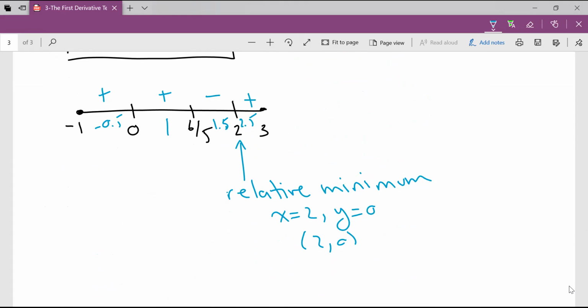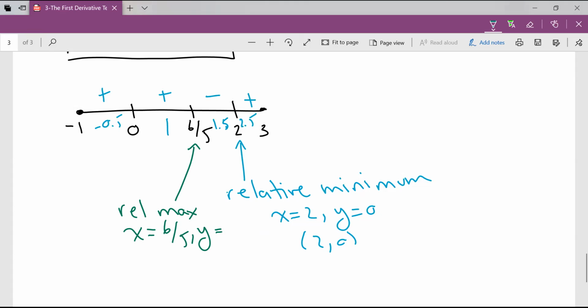Okay, what's happening at 0? Or how about right here? What's happening at 6 over 5? Switch pen colors. What's happening here? Well, we went from positive to negative. That means we went from increasing to decreasing. That's a relative max. So we have a relative max when x is equal to 6 over 5. And again, that max would be at whatever value that happens to give me.